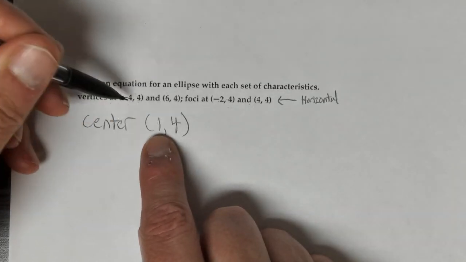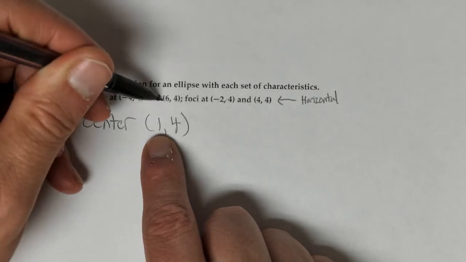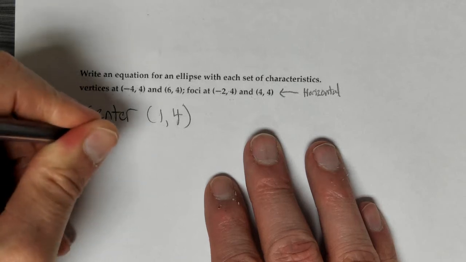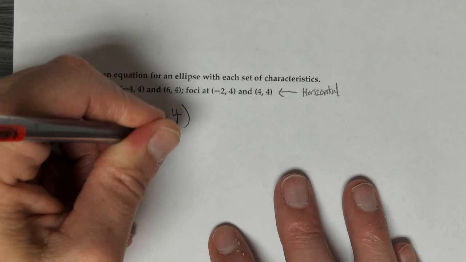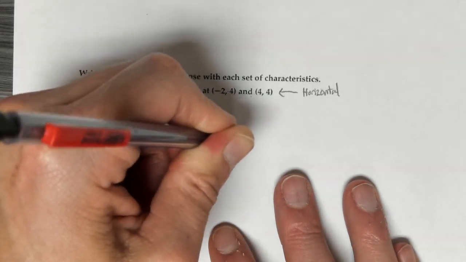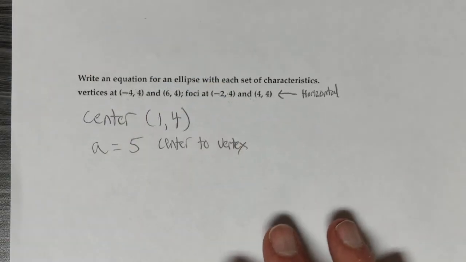It's 1 to negative 4 this way, so that would be 5. And from 1 to 6 this way, that would also be 5. So it's the same either way. So my value of A is 5. Remember, that's from the center to the vertex in an ellipse is the value for A.